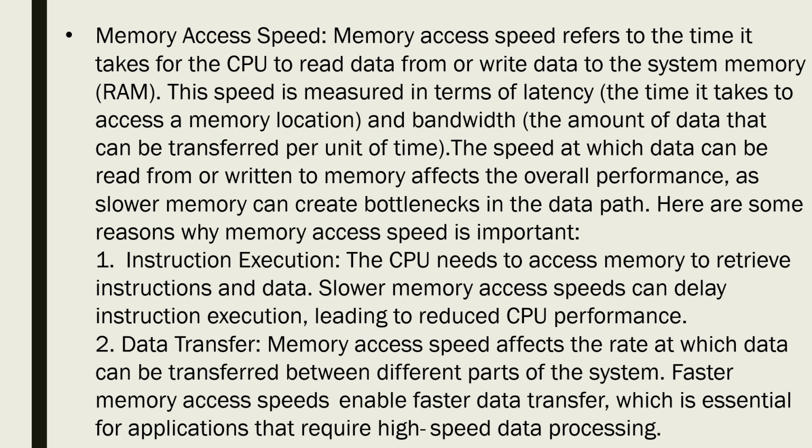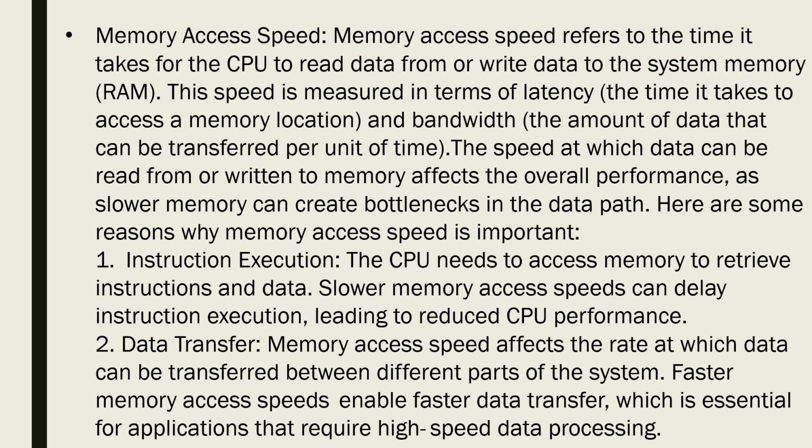Here are some reasons why memory access speed is important. 1. Instruction execution. The CPU needs to access memory to retrieve instructions and data. Slower memory access speeds can delay instruction execution, leading to reduced CPU performance. 2.